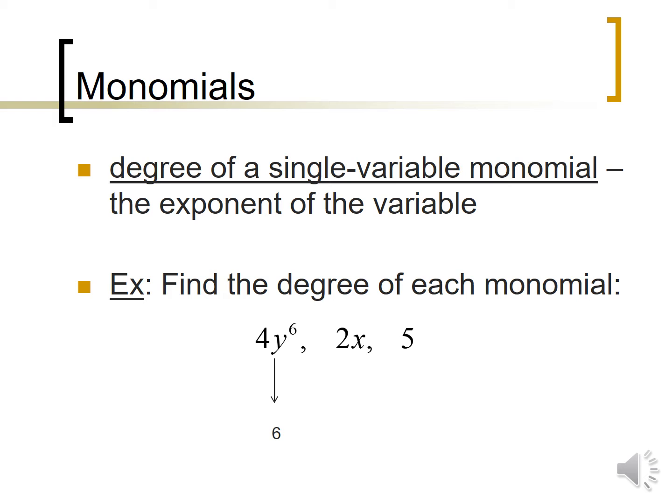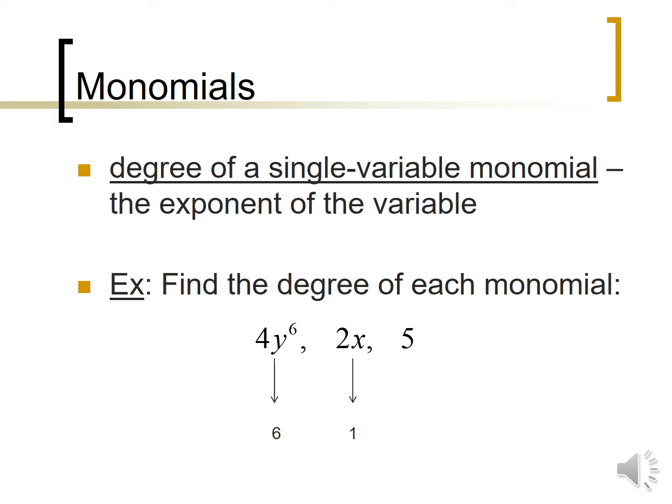How about the next one, 2x? Any thoughts as to what the degree of 2x might be? I'm looking at the x. I don't have an exponent there, which means the exponent is like a 1. So the degree of 2x is just 1. How about 5?